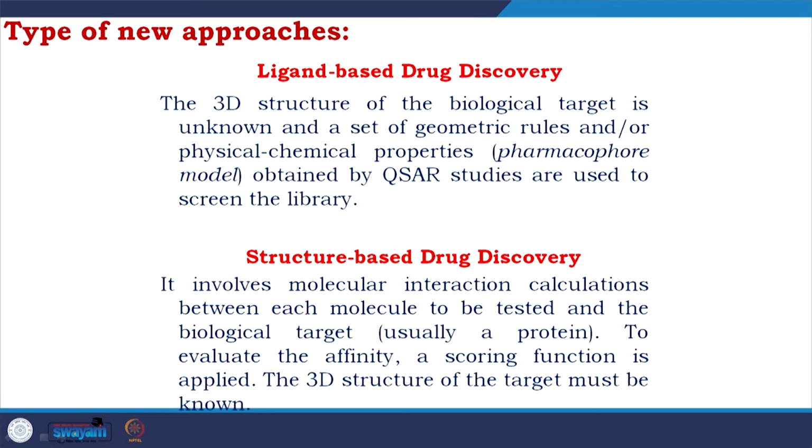In structure based, it involves molecular interaction calculation between each molecule to be tested and the biological target, which usually is a protein. To evaluate the affinity, a scoring function is applied. The 3D structure of the target must be known.